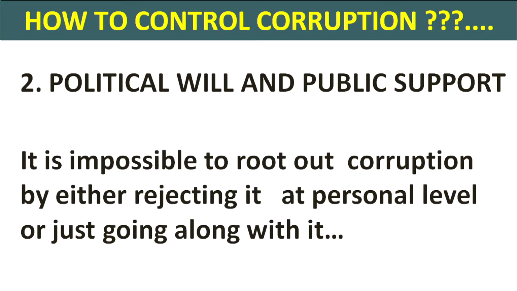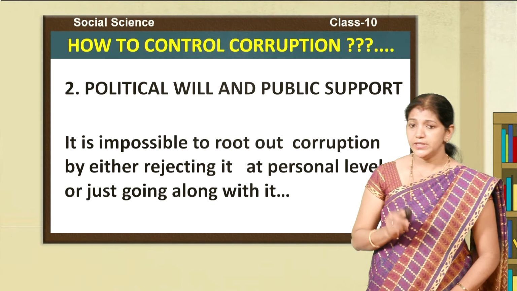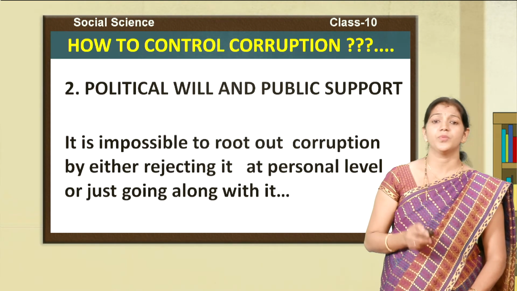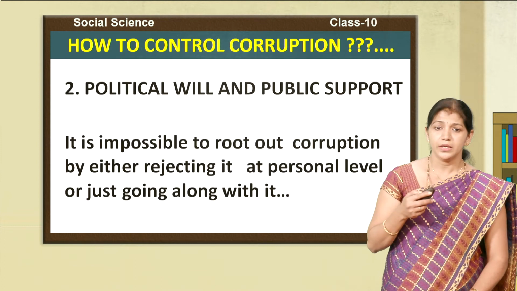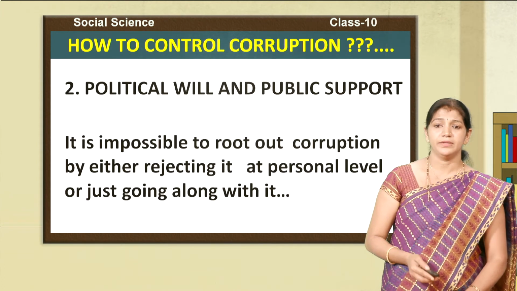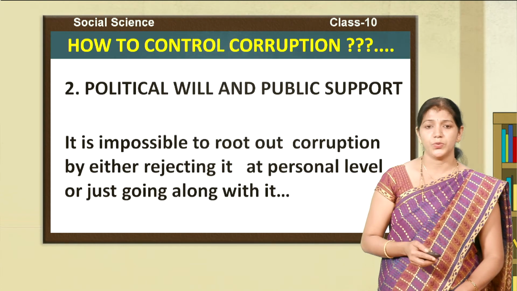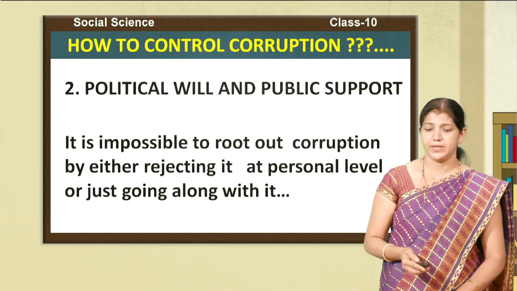It means that without public support, corruption cannot be stopped in our society. So each and every citizen of the country can understand the problems of corruption and give some solutions, and without the support of the people, we cannot find any solution to the problems of India.